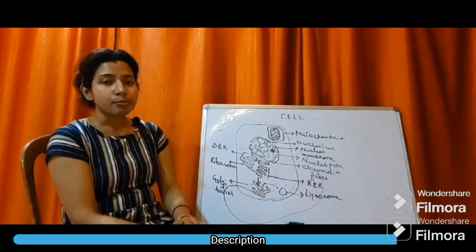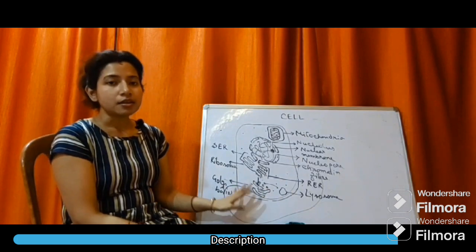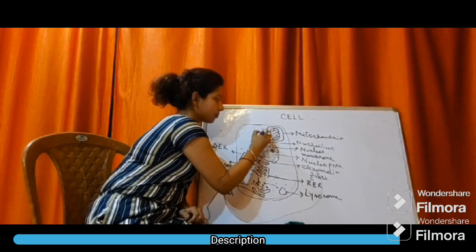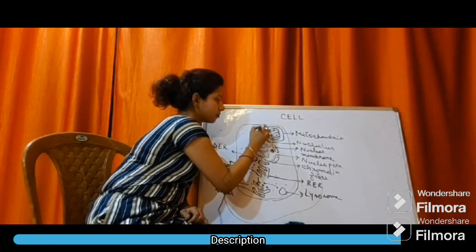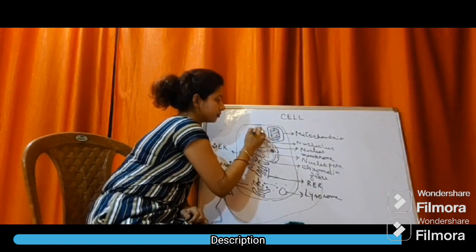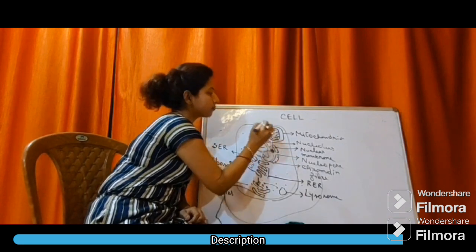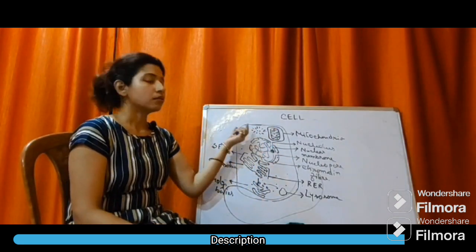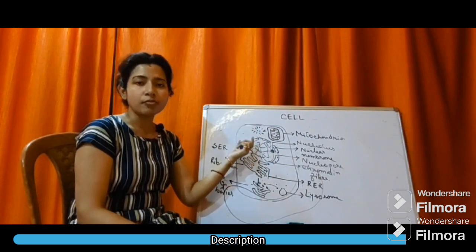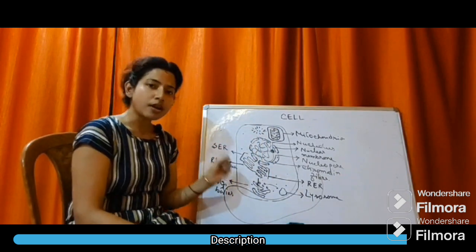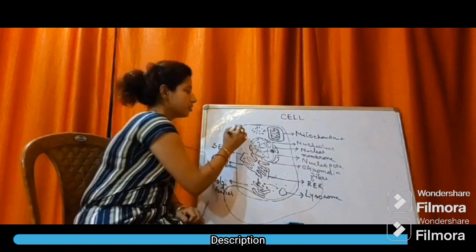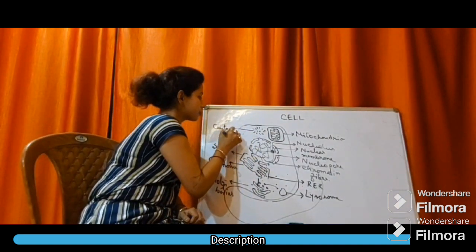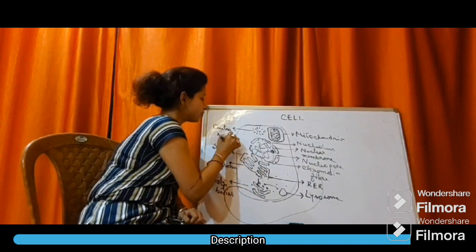And the last part of the animal cell is this part. This is a very important part, and this is a unique part of the animal cell, found only in animal cells, not in plant cells. It is known as centrosome.